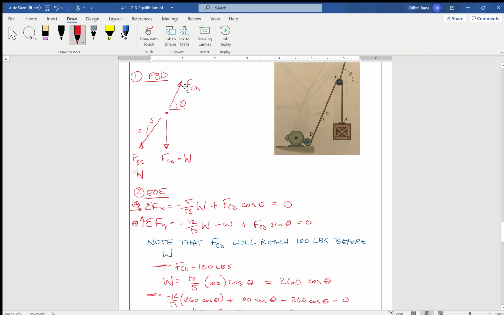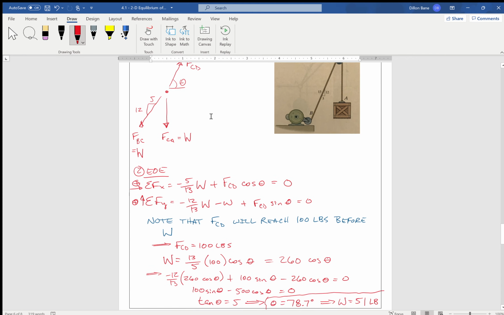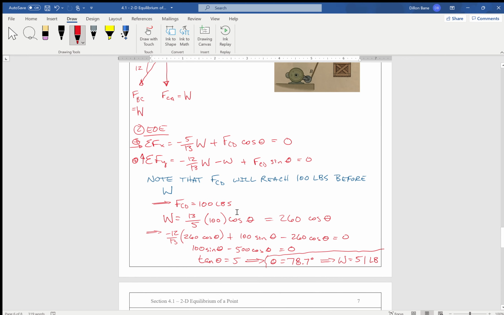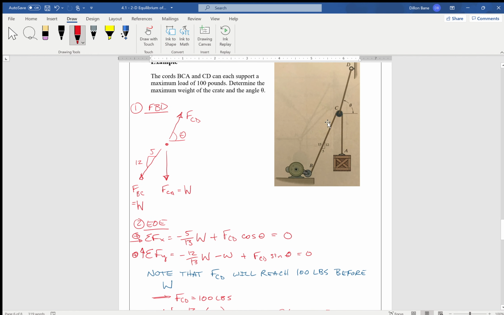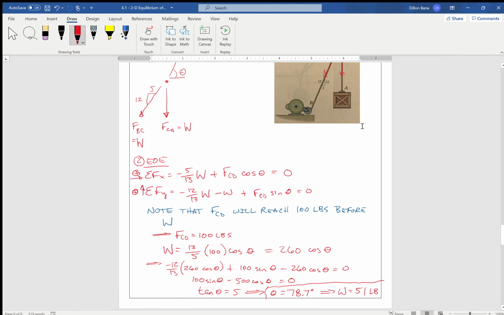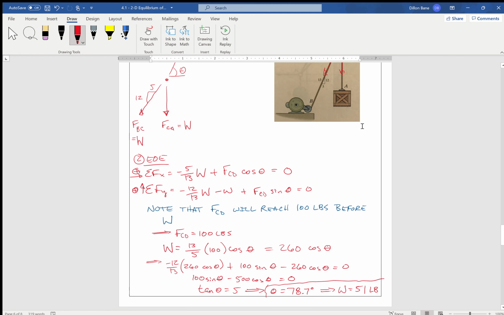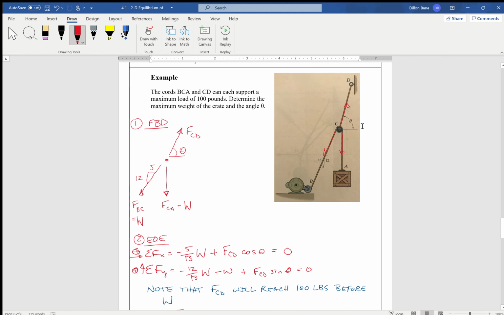Which is what we find. We set FCD equal to 100 because that's the maximum it could be, and then our theta came out to be 78.7 degrees, which is quite steep. So it does make sense: we have 50 pounds acting down and then 50 pounds acting mostly down. It stands to reason conceptually that this upward force needs to be right at 100, which is what we solved for. So it makes sense.